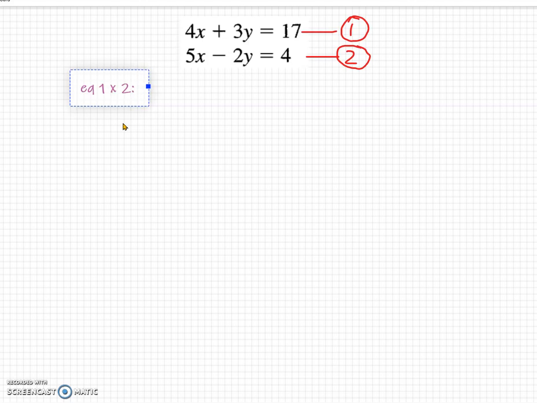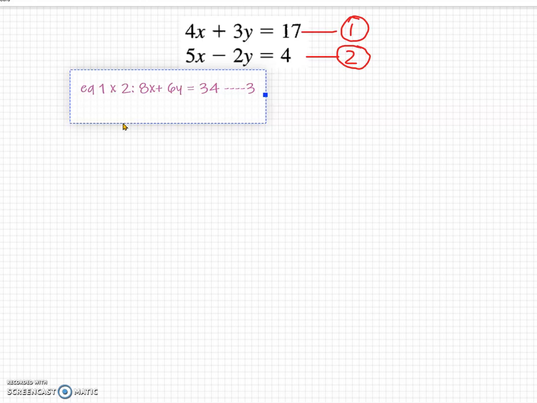So I'm getting 8x plus 6y equals 17 times 2, which is 34. Alright, now this I'm going to call equation 3. So I'm creating a new equation.